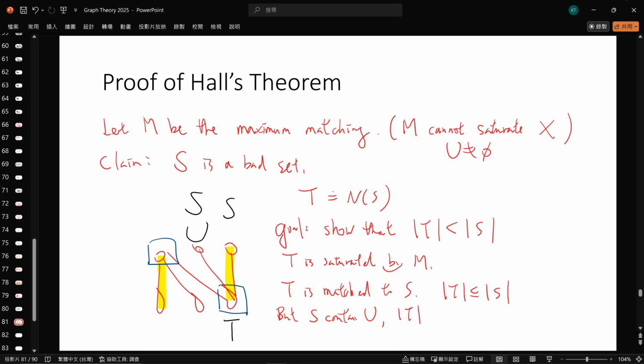So the size of T must be strictly less than the size of S. And that's it, okay? So that's the proof.